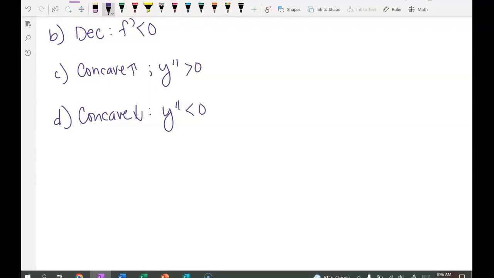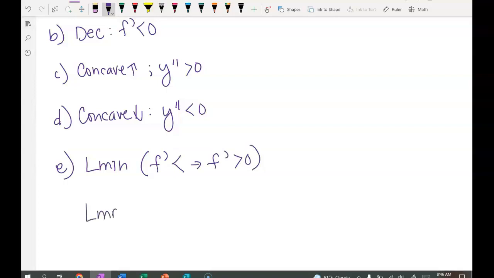And it wants us to find the extreme values. So that's going to be letter E. We want to find the local min. Now remember, the local min is when the first derivative goes from negative to positive. And then the local max is when the first derivative goes from positive to negative.